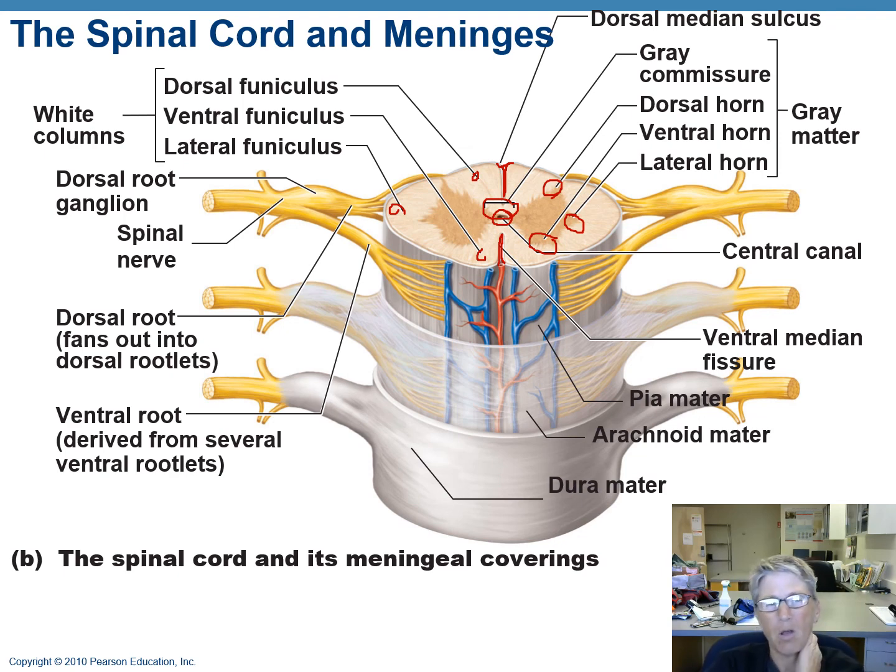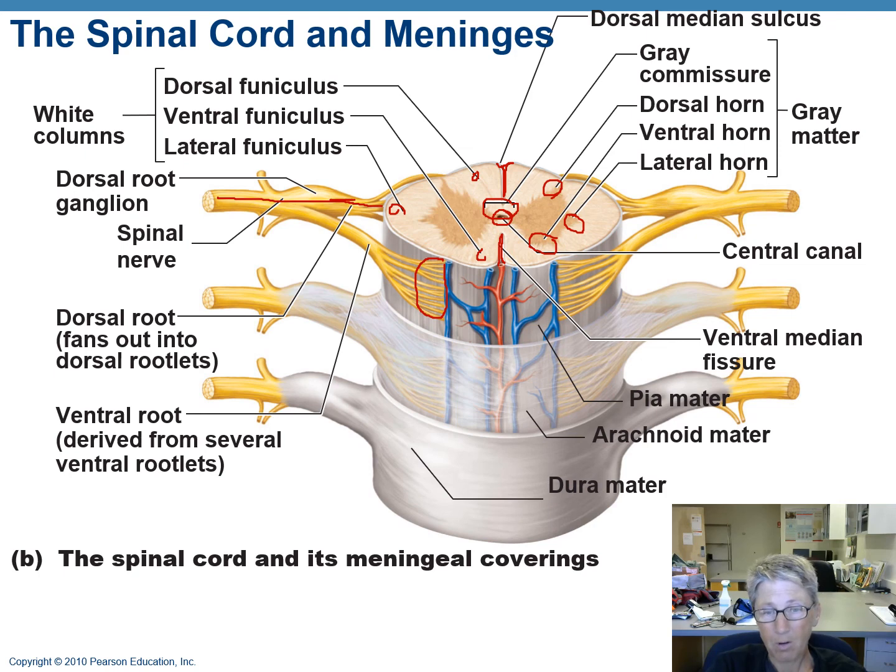And then we didn't talk about this yet, but these are spinal nerves. So this is a spinal nerve, and the spinal nerve comes out of the spinal cord. So the spinal nerve starts here with these little guys. They're called rootlets.